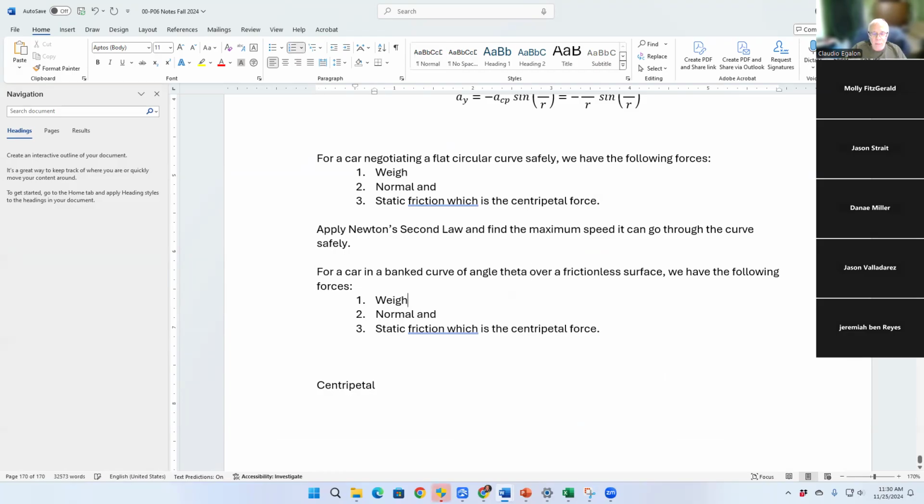Weight and normal. That's all you have. Weight and normal. Okay. Because of the banked curve, the horizontal component of the normal acts as the centripetal force.